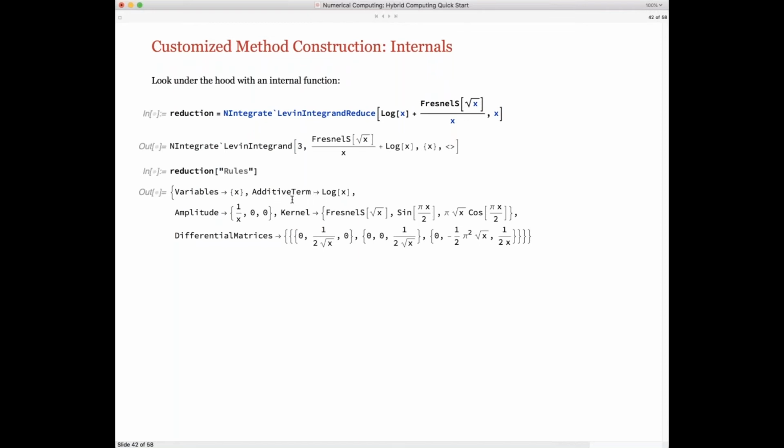There's an additive term, there is a multiplicative term, and there is an oscillatory function, and then the third order differential equation represented in matrix form. For a more complete description of the Levin integrate data structure, as I said earlier, please see the advanced documentation tutorials for NIntegrate.